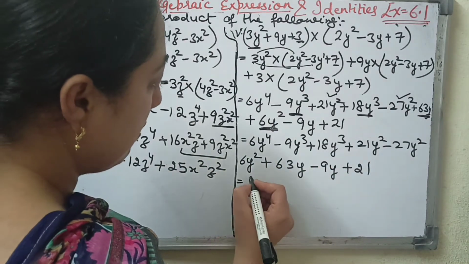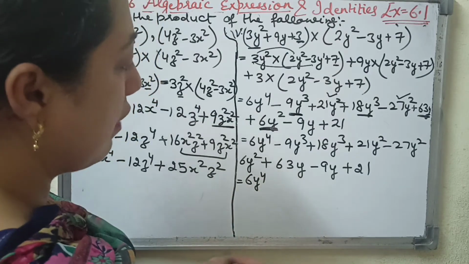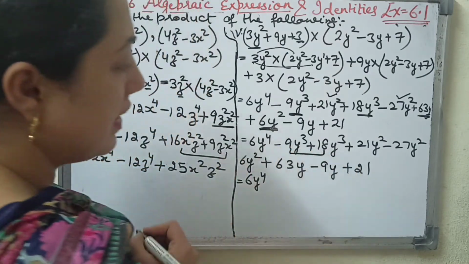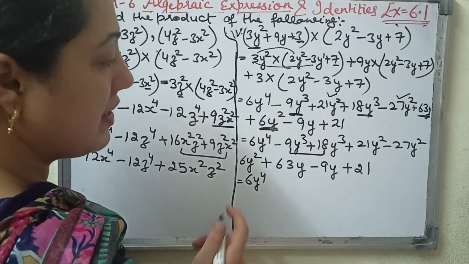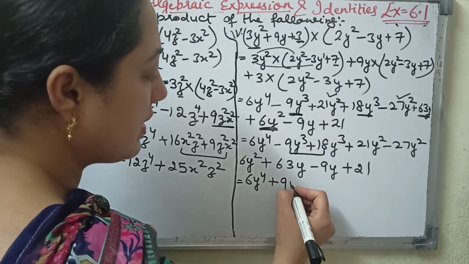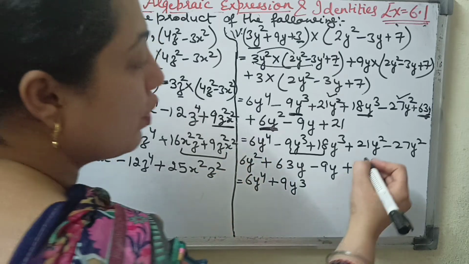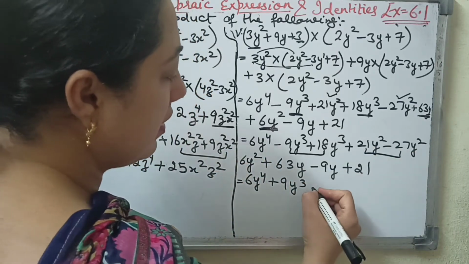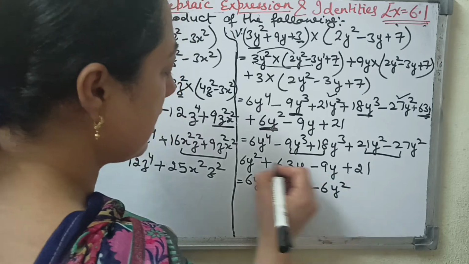Now simplify it further. 6y⁴, minus plus it is minus, 18 minus 9 it is 9, sign of the greatest term plus, 9y³. 21 minus 27 it is −6y².